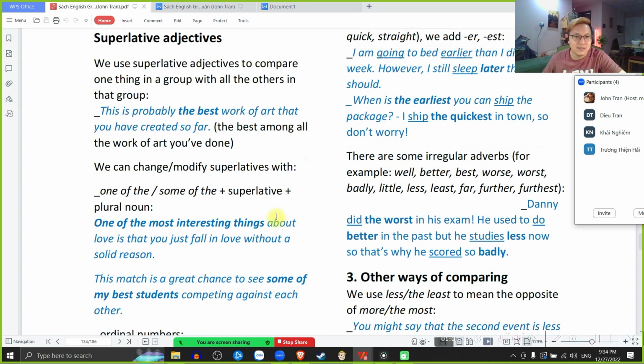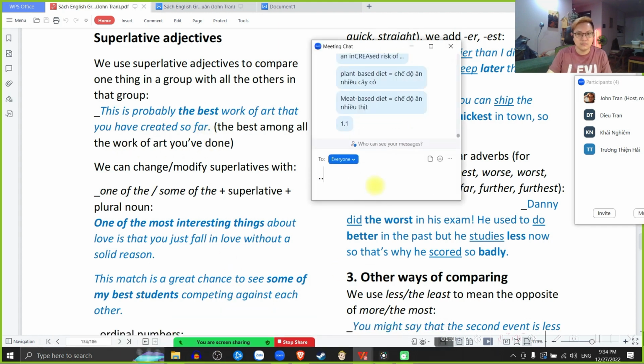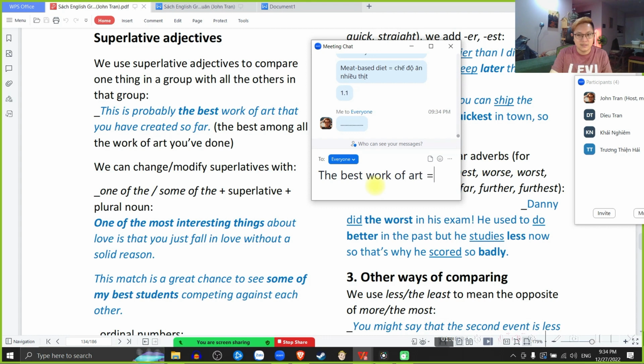Bây giờ tính từ so sánh nhất thì sao? Chúng ta sử dụng tính từ so sánh nhất để so sánh một thứ trong một cái nhóm với tất cả những thứ khác trong cái nhóm đó luôn. Ví dụ, đây chắc kiểu gì cũng là cái tác phẩm nghệ thuật tốt nhất, đẹp nhất mà ông bà đã tạo ra từ trước đến giờ. So we have the best work of art.